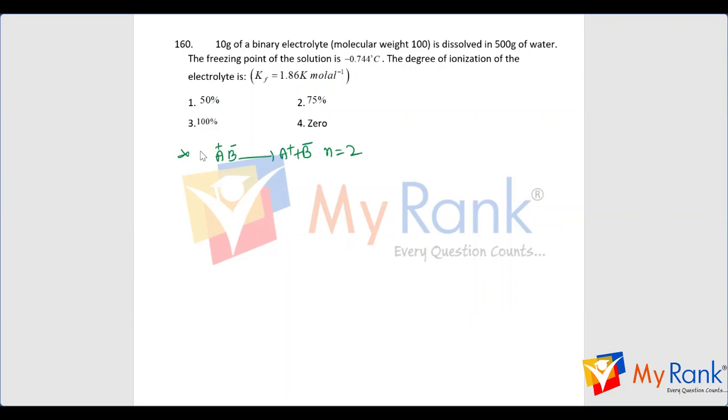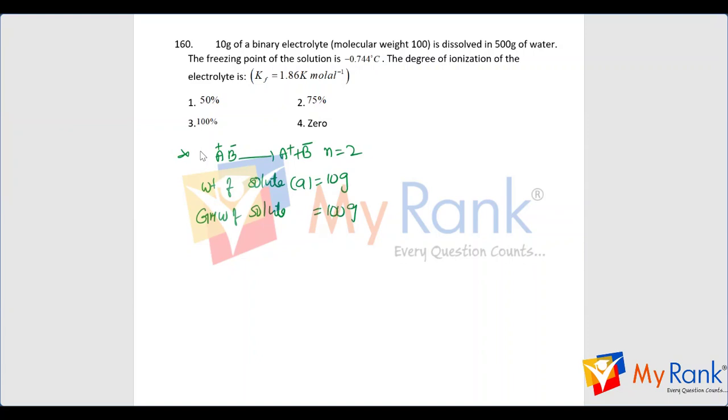The weight of solute is A equal to 10 grams, and the gram molecular weight of solute is 100 grams. 10 grams of binary electrolyte is dissolved in 500 grams of water.